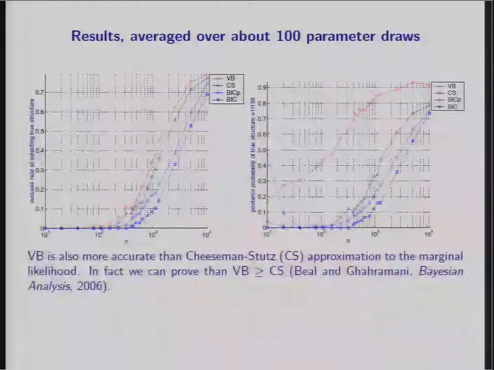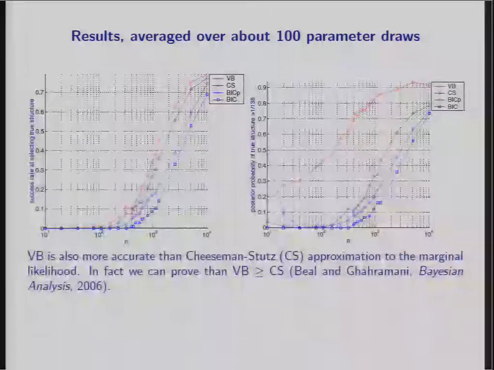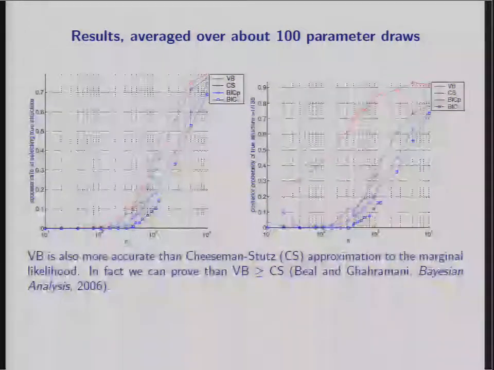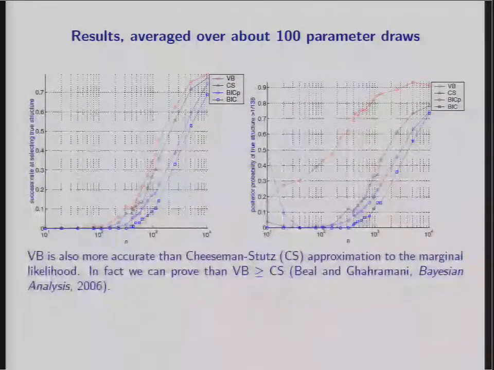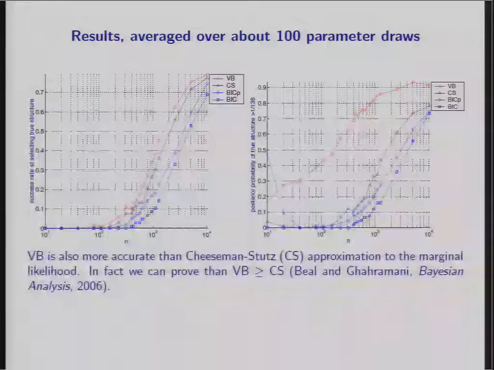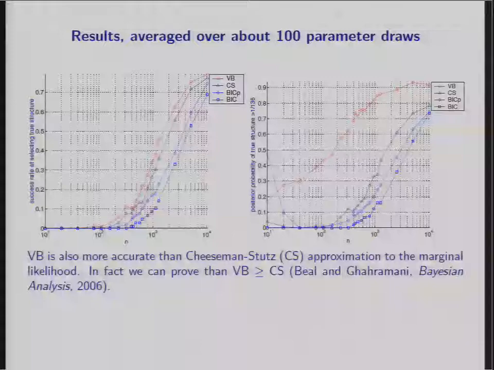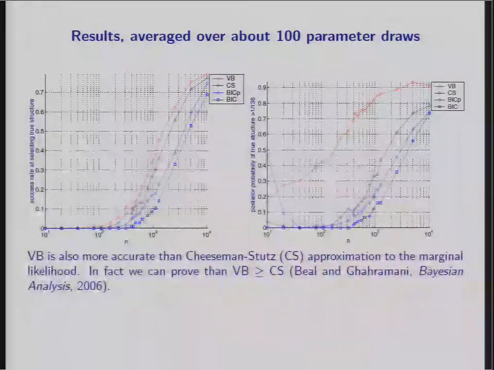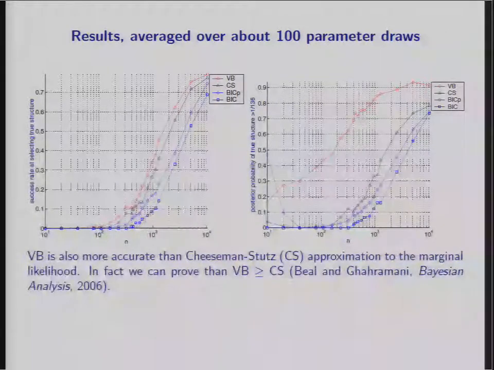In fact, Cheeseman-Stutz is not a lower bound on the marginal likelihood, and is guaranteed to be less than or equal to the variational Bayes. But you could interpret this either as great results, like wow, we need a third fewer data points in the hotspot here, or you could say all the gains are modest. Essentially, if you have some problems, it doesn't matter. If you have other problems, it also doesn't matter. But it would be very interesting to put constraint-based methods on the same kinds of plots.